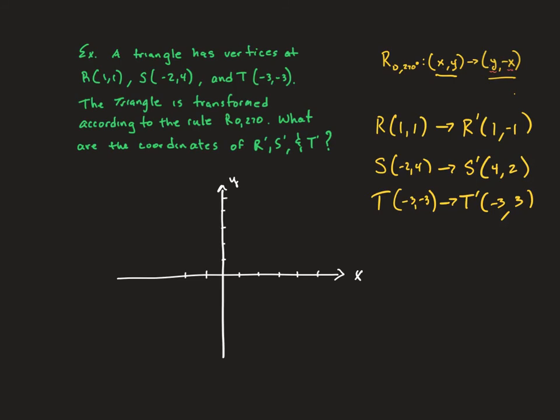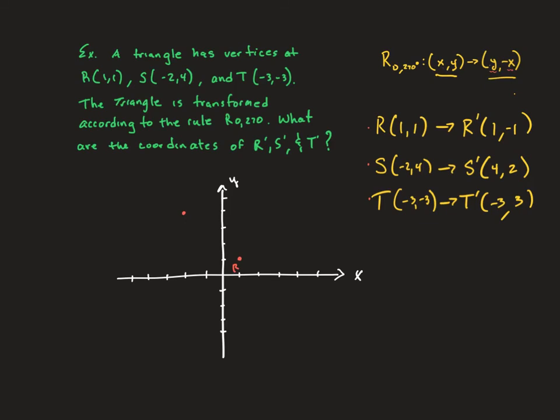That is a positive rotation, and I would expect it to rotate this direction, right? Rotating this direction is a positive rotation. And if I start off with RST, so R is going to be 1, 1. S is going to be -2, 4.